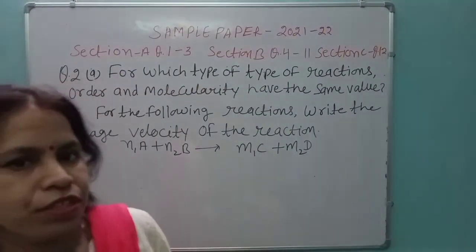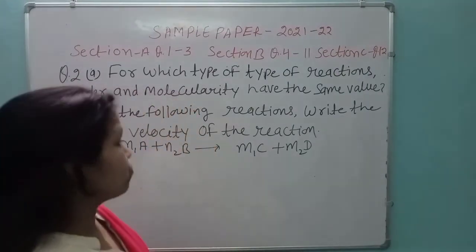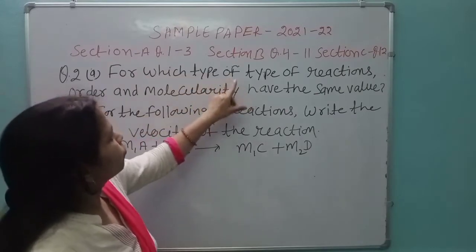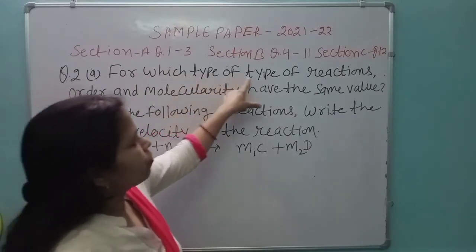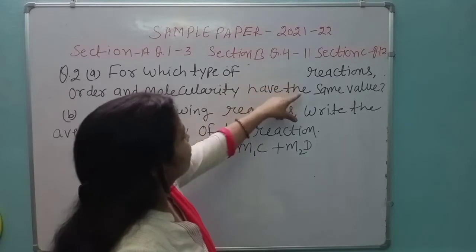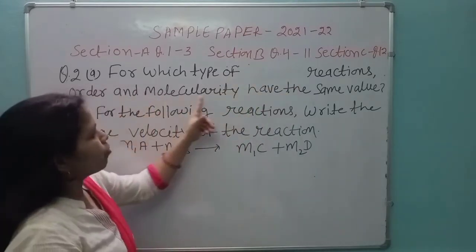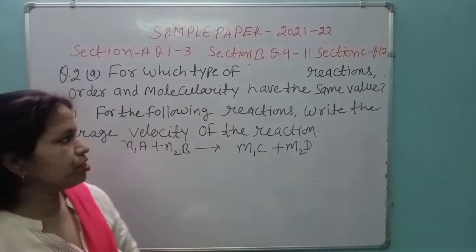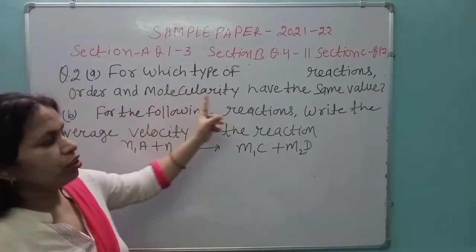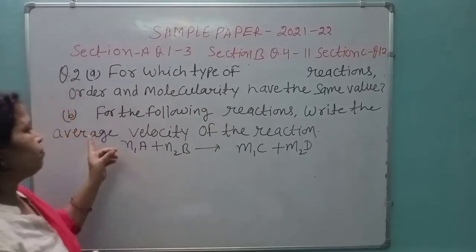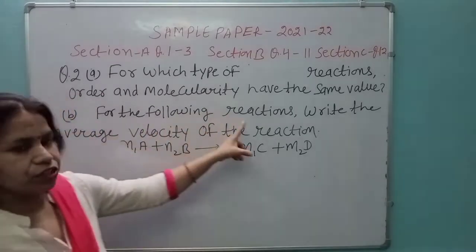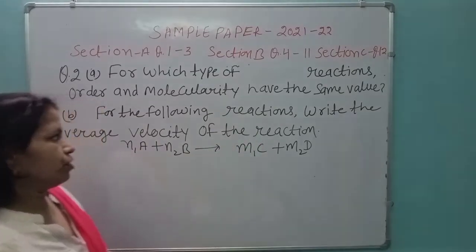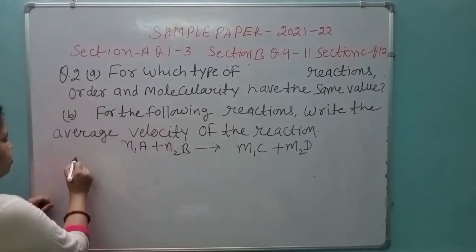Now next question, question second. What is the question? A part: For which type of reaction do order and molecularity have the same value? B part: For the following reaction, write the average velocity of the reaction. So what is the answer of the first question?